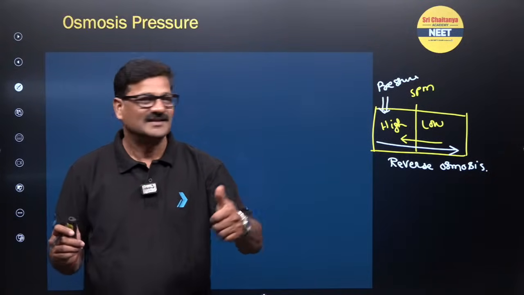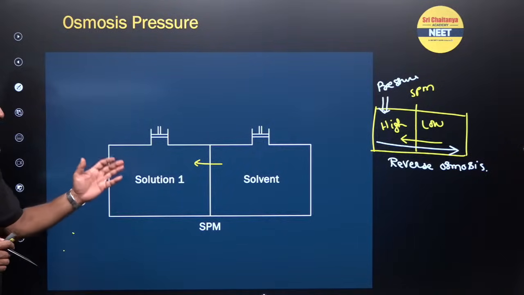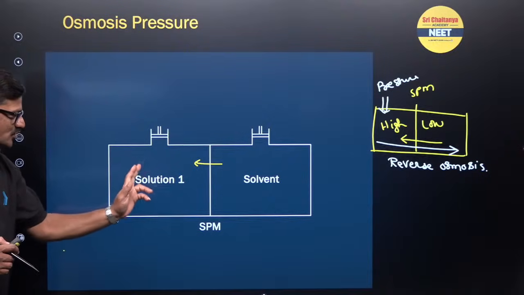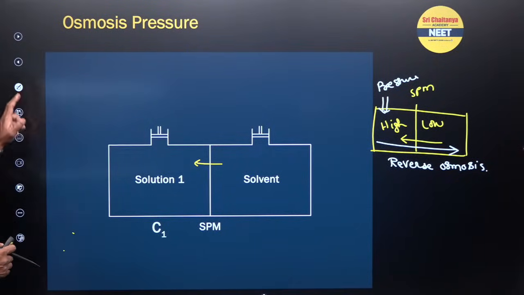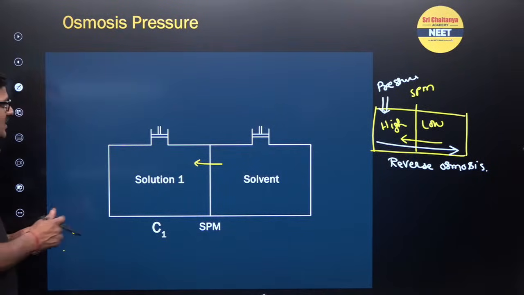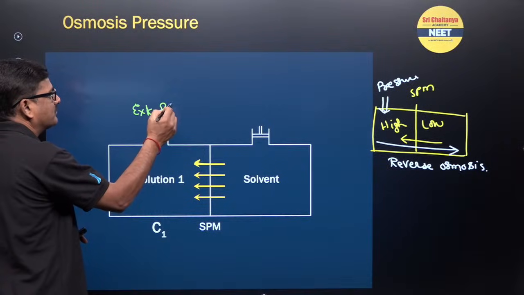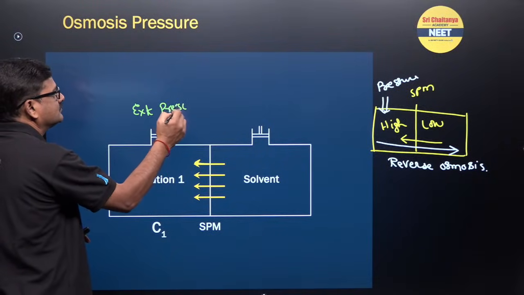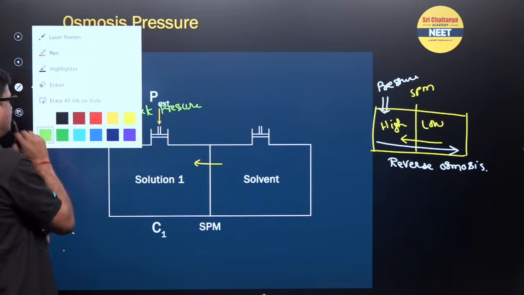Right? Now, this is what happens when a solvent is added to a solution; this is normal osmosis. When external pressure is applied, what will happen?